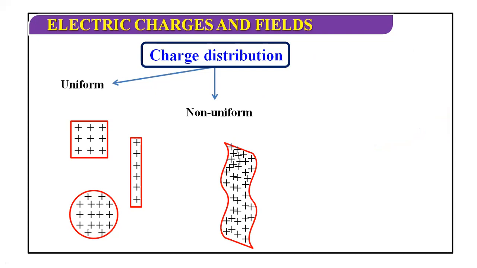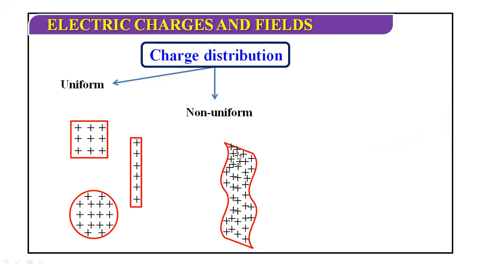What about non-uniform charge distribution? We take any arbitrary shaped object and the object is having sharp edges at the top and at the bottom. So where the sharp edges are there, definitely the charge density will be more.